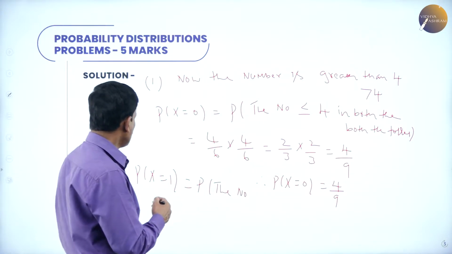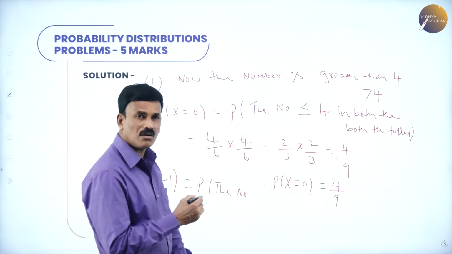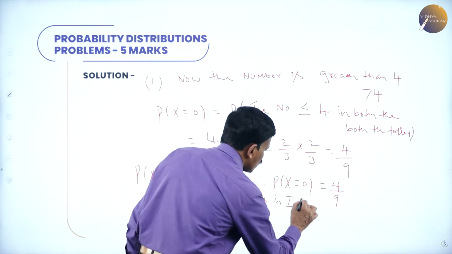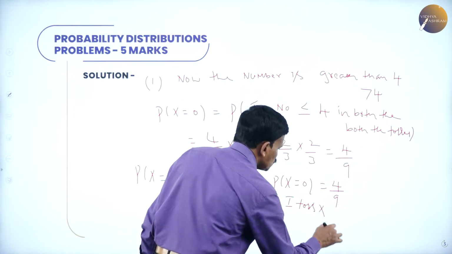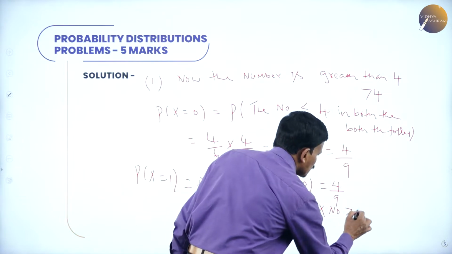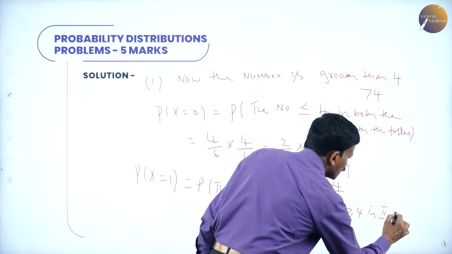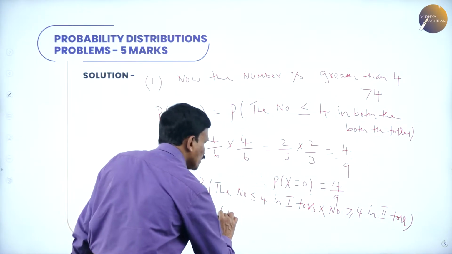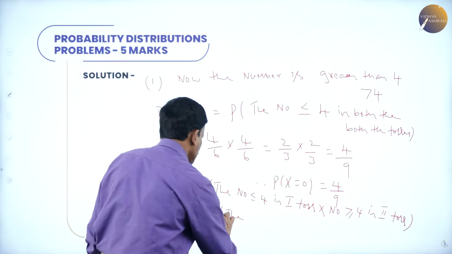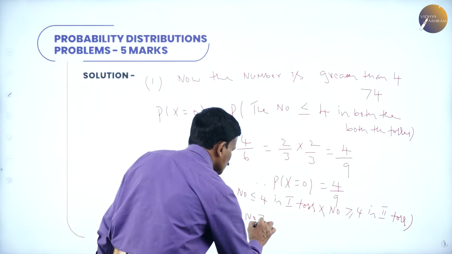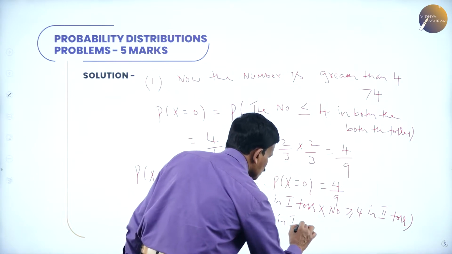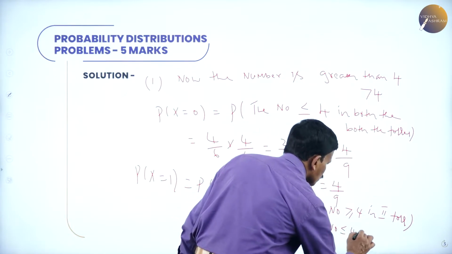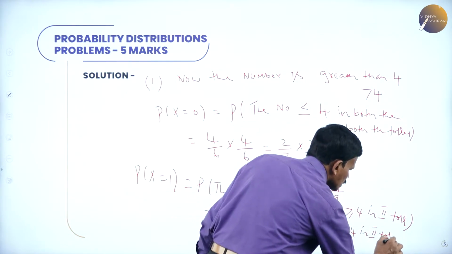That is, p of x is equal to 1 means the probability of the number less than or equal to 4 in the first toss into the number greater than or equal to 4 in the second toss, plus the probability of the number greater than or equal to 4 in the first toss into the number less than or equal to 4 in the second toss. This is the given condition.